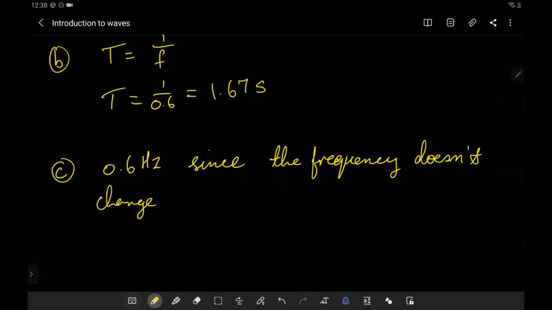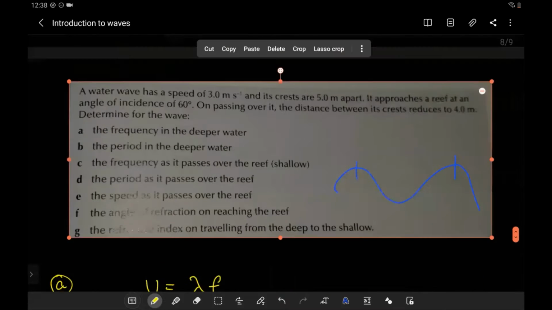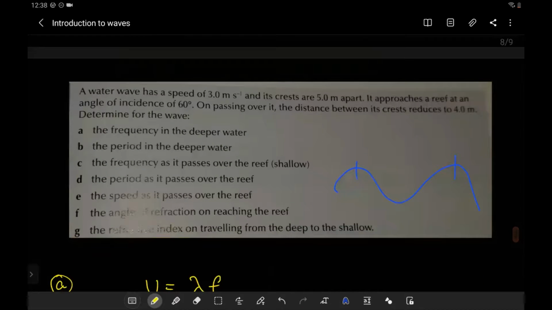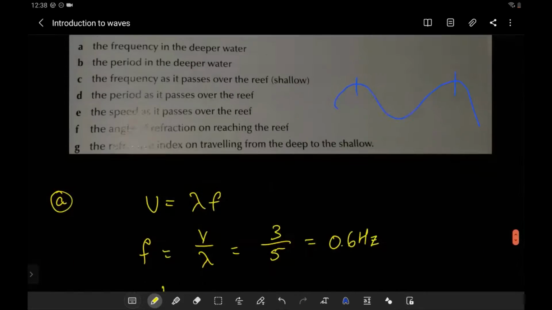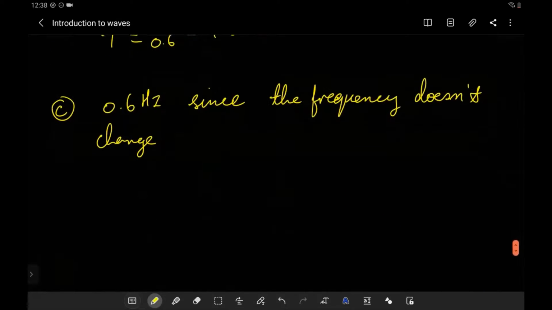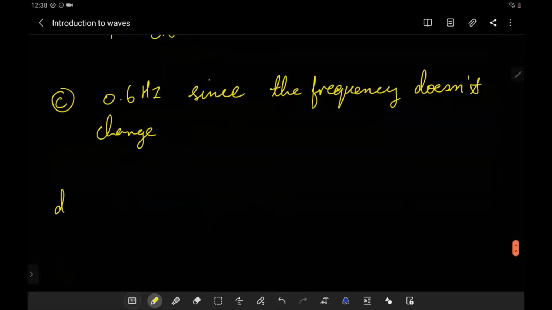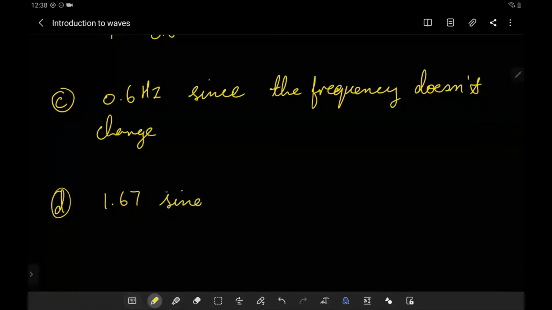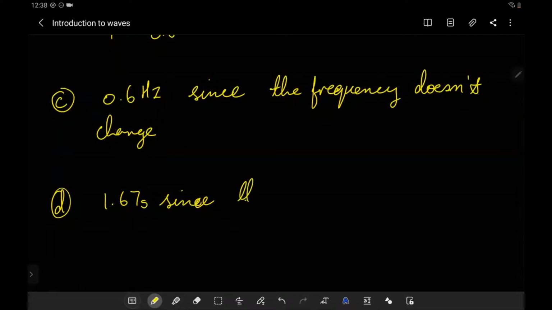Part D asks us the period as it passes over the reef. Well, if the frequency doesn't change and the period depends on the frequency, D is also 1.67 seconds, since the period doesn't change as well.